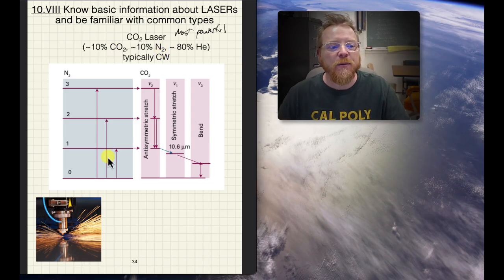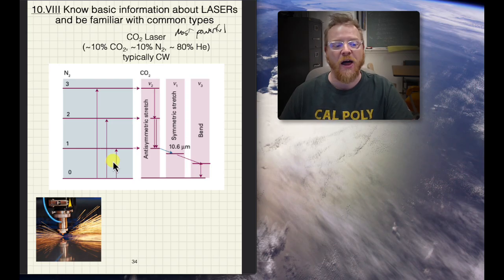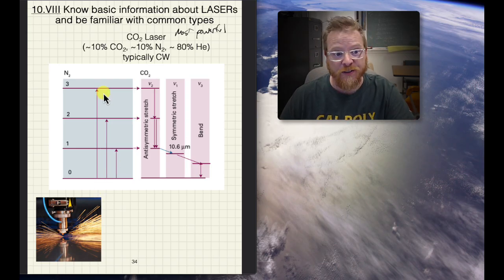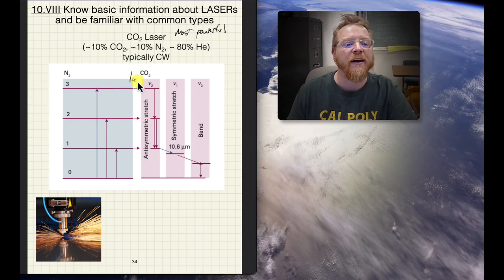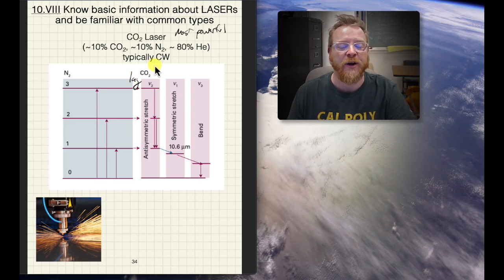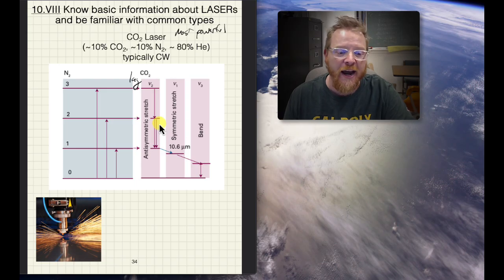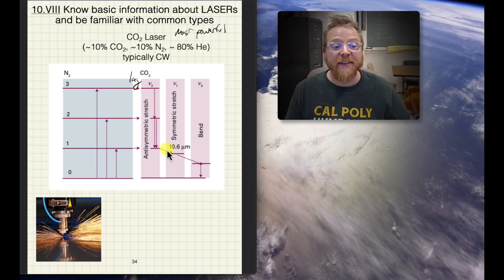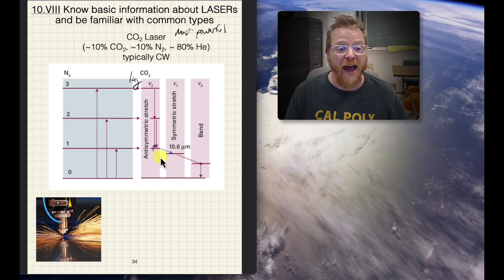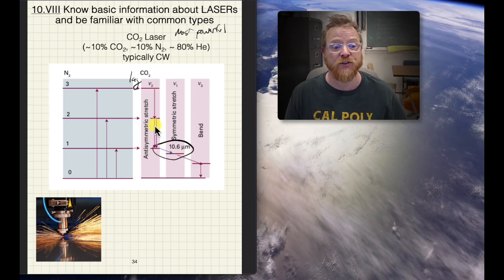And now similarly, a power supply will pump up into its various excited states. And now we get a lag as that energy transfers over to carbon dioxide. And these lasers will actually come from the infrared line at 10.6 micron due to the anti-symmetric stretch relaxing down to the symmetric stretch.